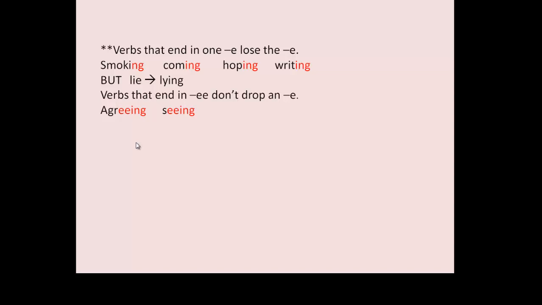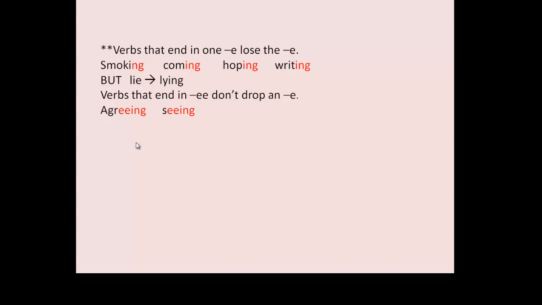The same thing with hope, hoping, write, writing. But here we have to draw our attention to the verb lie. We write it like this: lying. We change I and E into Y and add ing.